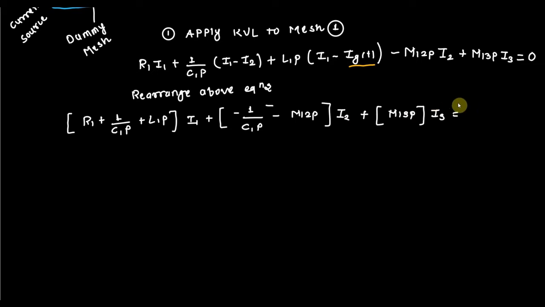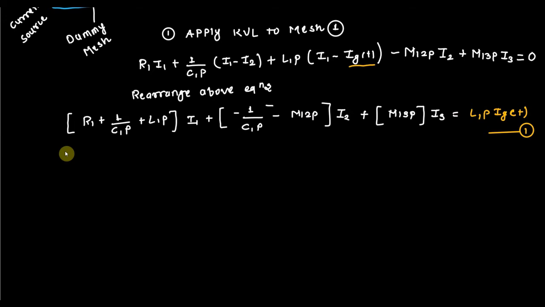Now, if we transfer this term to the right side, it will become L1P Ig of t. So this will become equation 1. What we have done here is taken all the currents I1, I2, I3 on the left side, and the current in the dummy mesh on the right side. So L1P into Ig of t is actually the voltage across that first element. In that way, I have written the KVL equation for mesh 1.